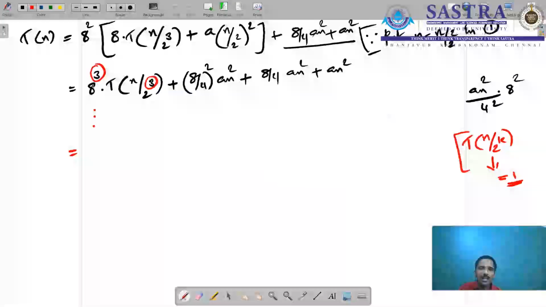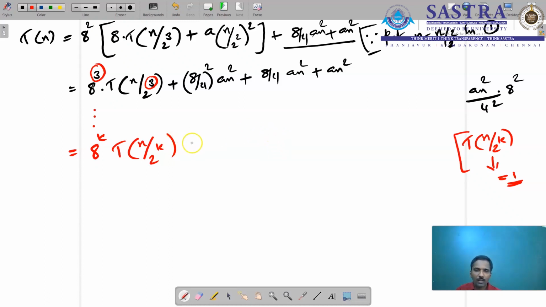So in the last stage, when we get T(n/2 power k), clearly the power of 8 is k. Hope you understand. The generalization is 8 power k into T(n/2 power k) plus, now have a look at the next term.